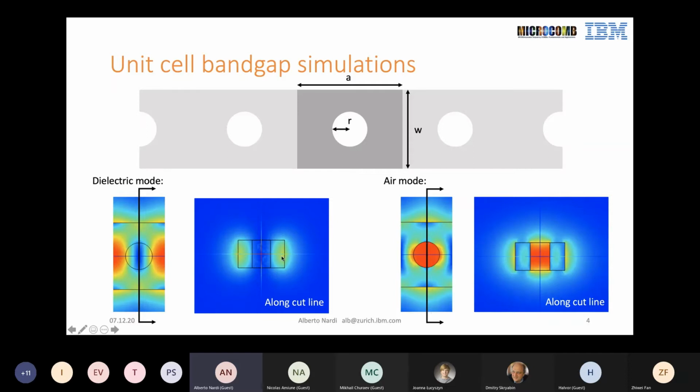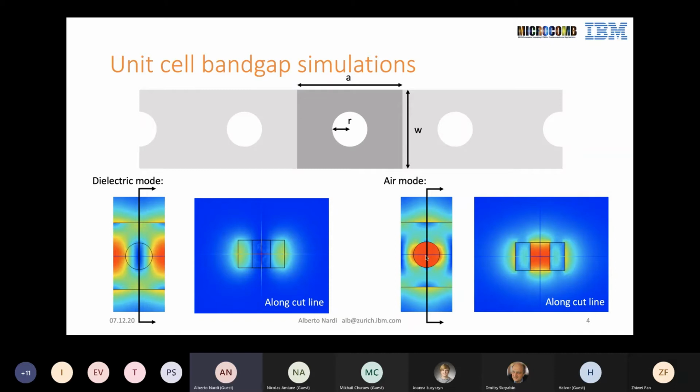It's important to say that between these two modes, there is a band gap in this unit cell. So there are frequencies that cannot propagate through the unit cell, and so they will be reflected.